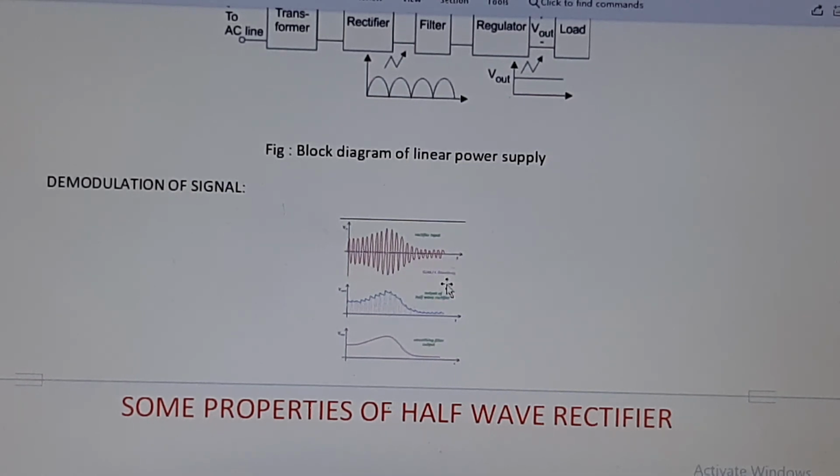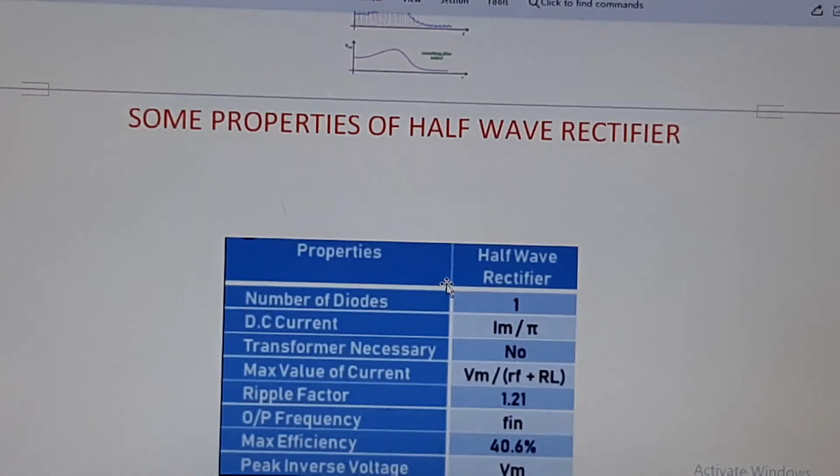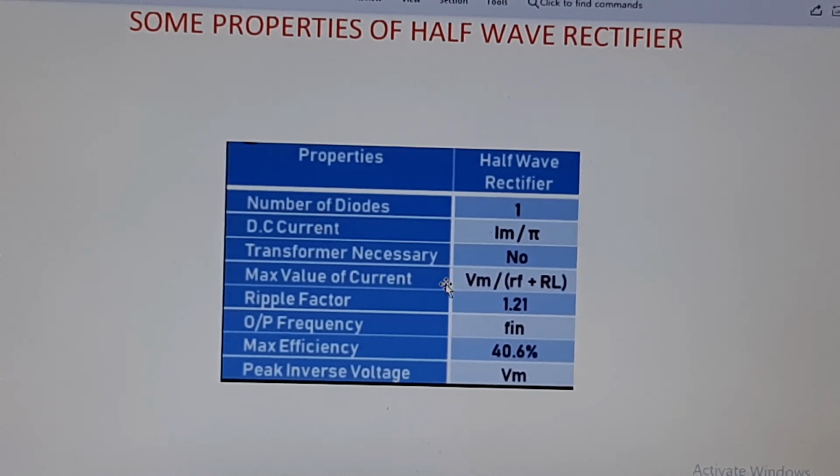Now we'll move to some properties of the half-wave rectifier. Here we can see that if we apply one half-wave rectifier, then we get the DC current about Im by pi. There is no transformer necessary. Maximum voltage will be Vm by Rf plus RL.